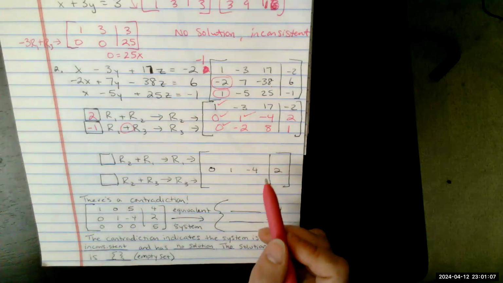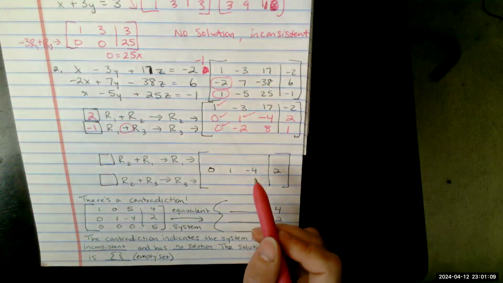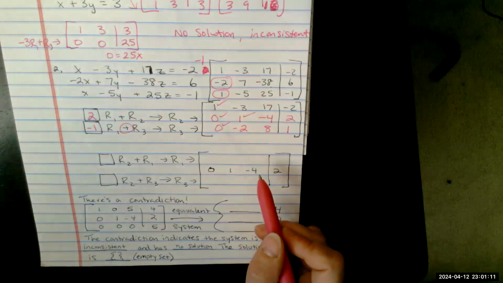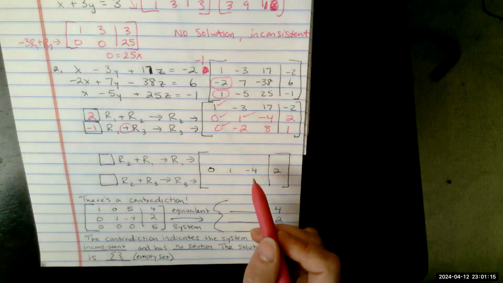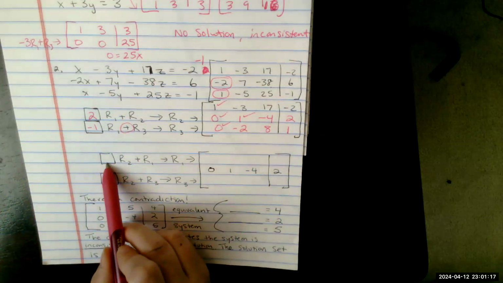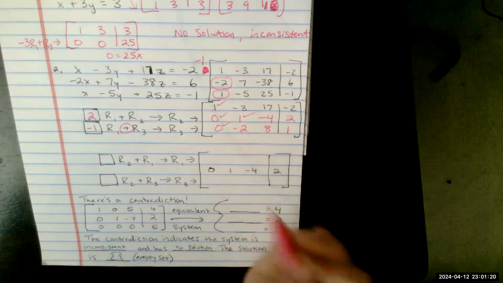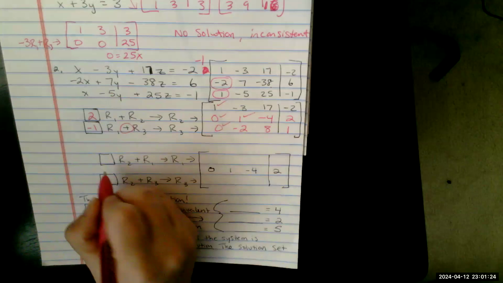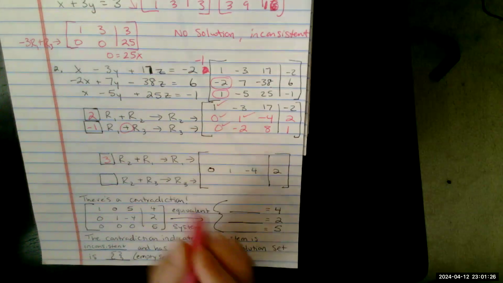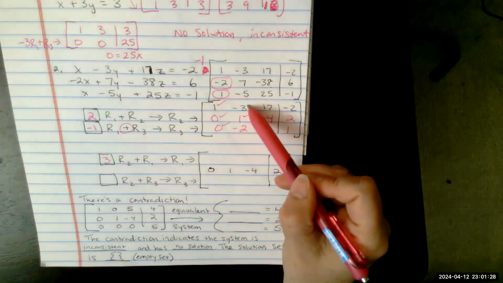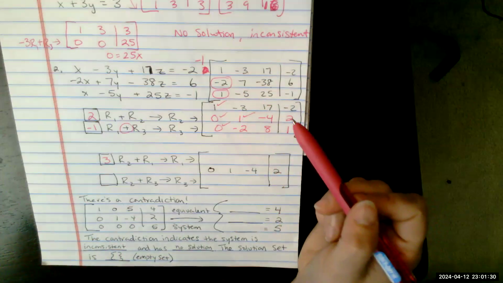They're doing something with row 1, even though I don't think we really need to. But let's go ahead and say, what could we multiply R2 by? I guess they're trying to make that a 0. So you could multiply R2 by 3, because that would make this 3, and add it to get a 0.